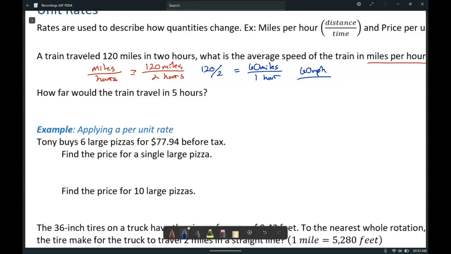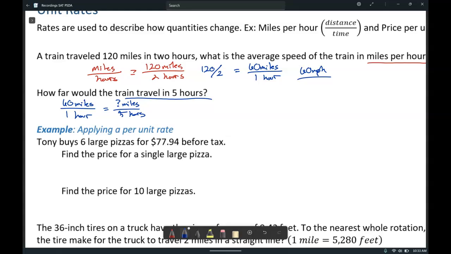Then we can use this unit rate in order to answer another question. How far would the train travel in 5 hours? Well, if it's traveling 60 miles per 1 hour, we can look at our proportion and ask, how many miles in 5 hours?